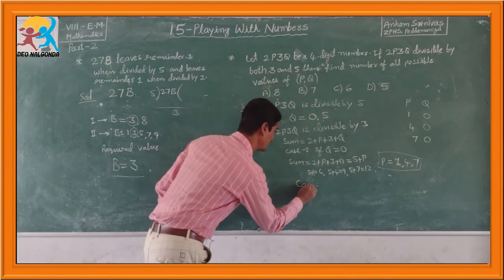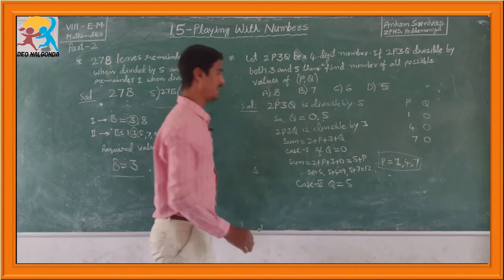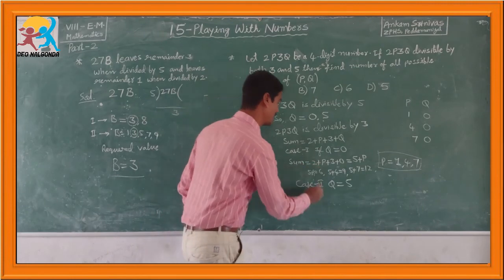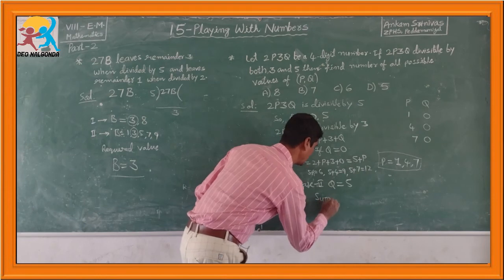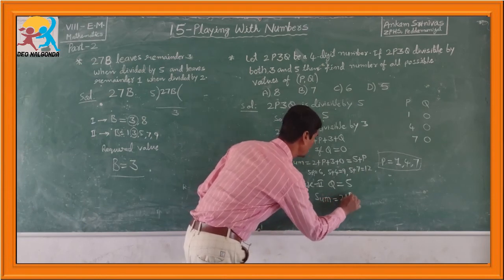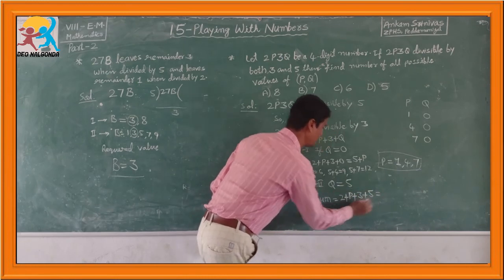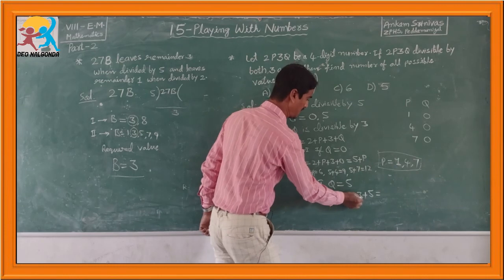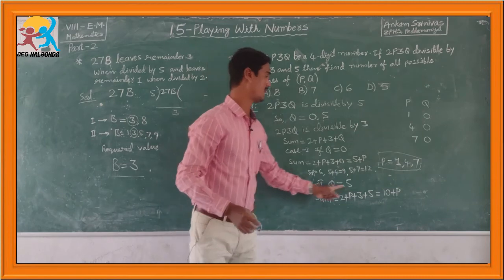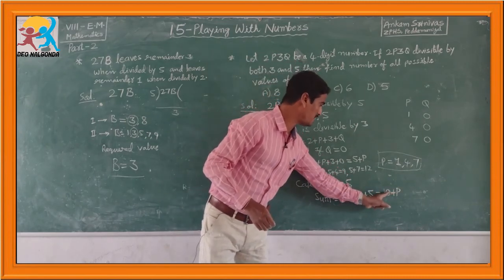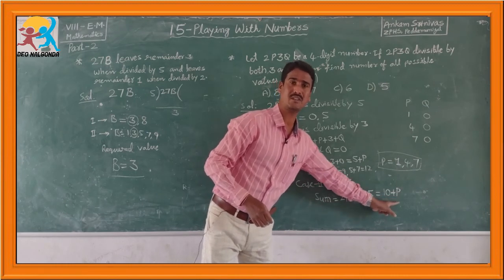In case 2, q equal to 5. If I take q equal to 5, what happens here? The sum equals 2 plus p plus 3 plus q. With q equal to 5, we get 2 plus 3, 5, 5 plus 5, 10, so 10 plus p. The sum should be divisible by 3.